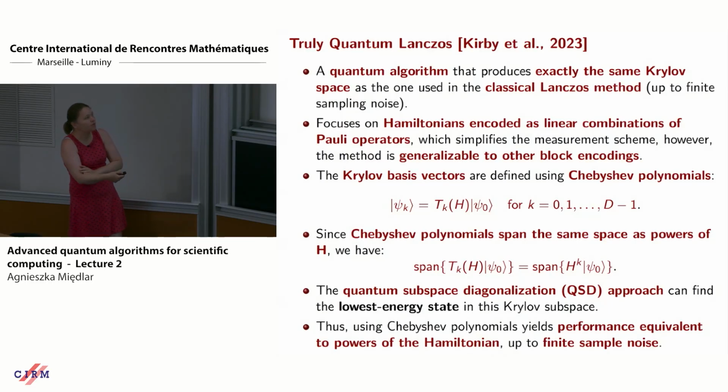And quantum subspace diagonalization, this whole projection idea, can be used to get the lowest energy. That's what we want. And the Chebyshev polynomials will, up to the sampling noise, give us equivalent performance.